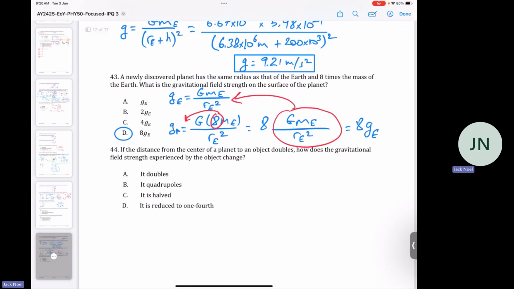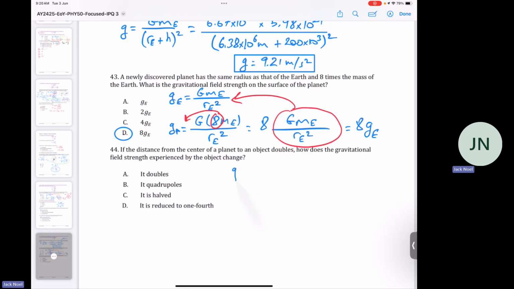Finally, if the distance from the center of a planet to an object doubles, how does the gravitational field strength experienced by the object change? So they're telling you that the radius is changing, or let's say not the radius, but the distance from the center of the planet.